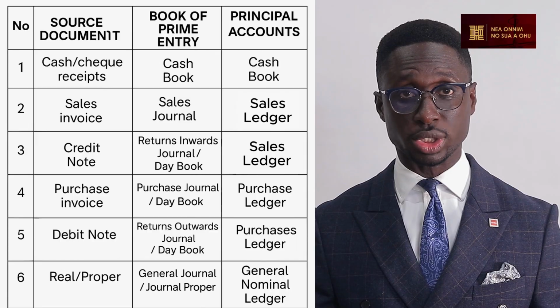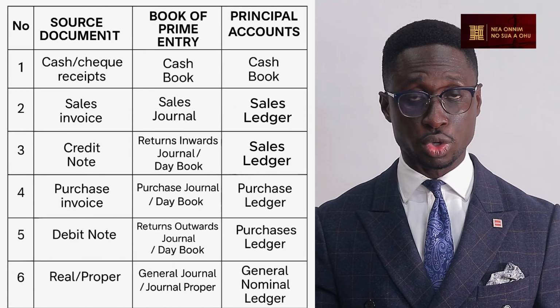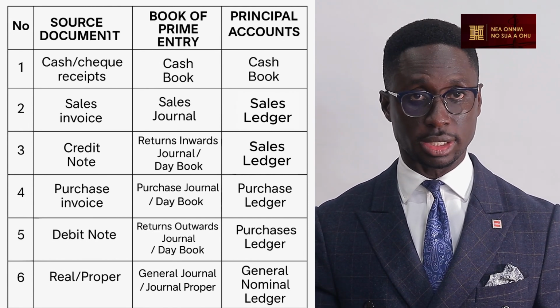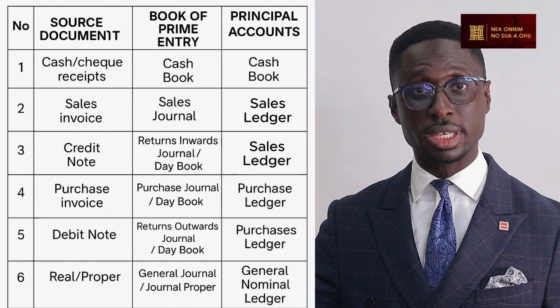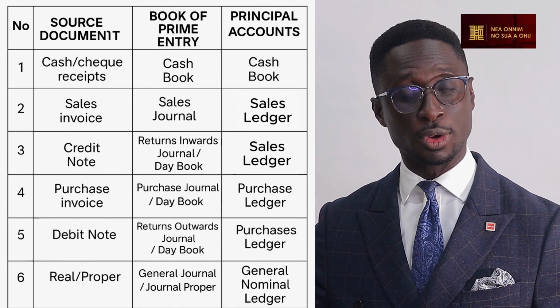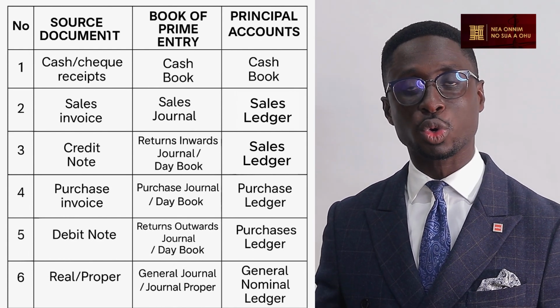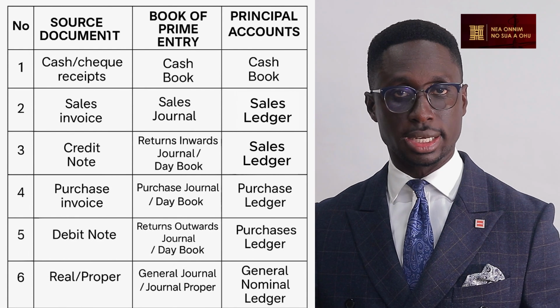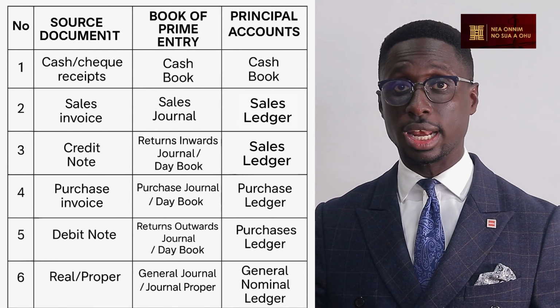Now let's look at the next one, which is sales. With a sales invoice, we would have recorded it in its book of prime entry being what? The sales day book or the sales journal. And what is going to be the principal book of account? That is going to be what we call the sales ledger. The sales ledger.